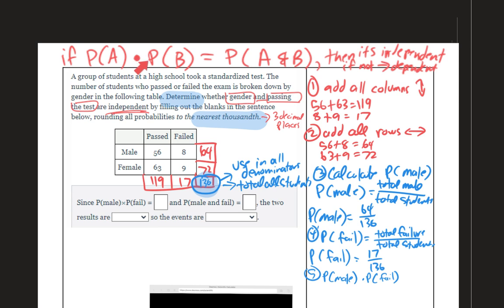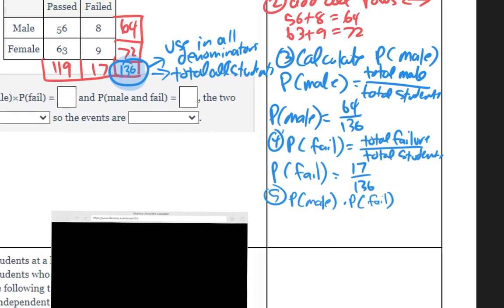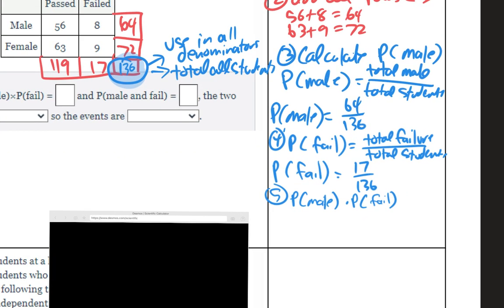Probability of male times the probability of failing. We're going to see if it's equal or not. So we said the probability of being male was 64 over 136. So that's going to be 64 over 136 times 17 over 136.